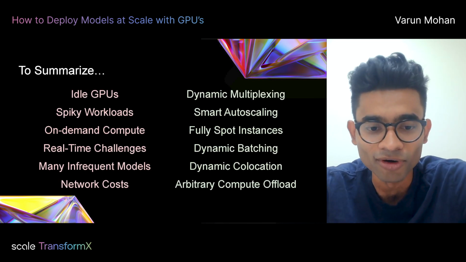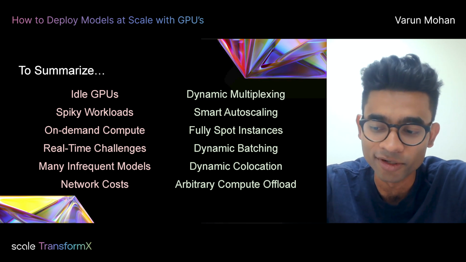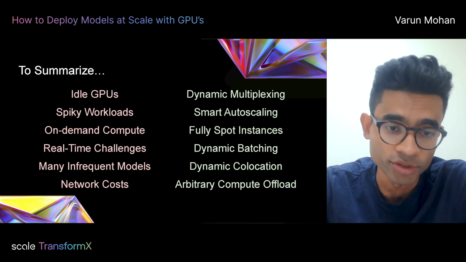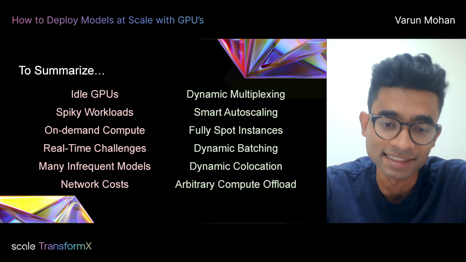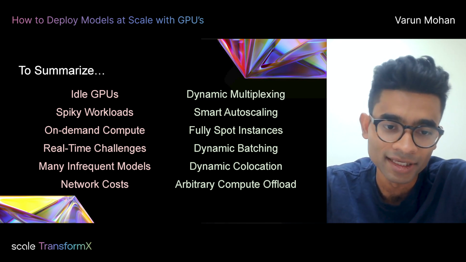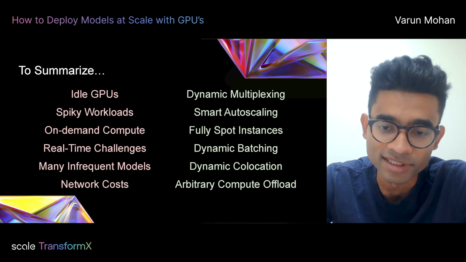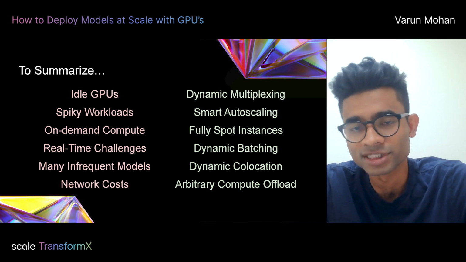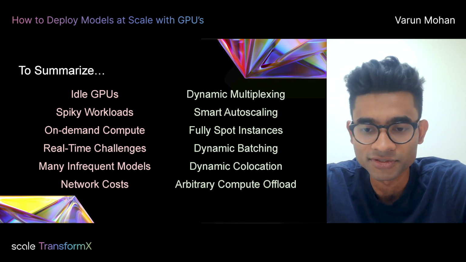So basically, to summarize, GPUs do have a lot of complexity attached to them, but if you can actually leverage them properly, there's potentially even higher than an order of magnitude of cost savings and latency savings that you can actually get. Some of the ideas that we talked about here: dynamic multiplexing, intelligent auto scaling, making use of spot whenever possible. Obviously, you can't use spot in all scenarios.